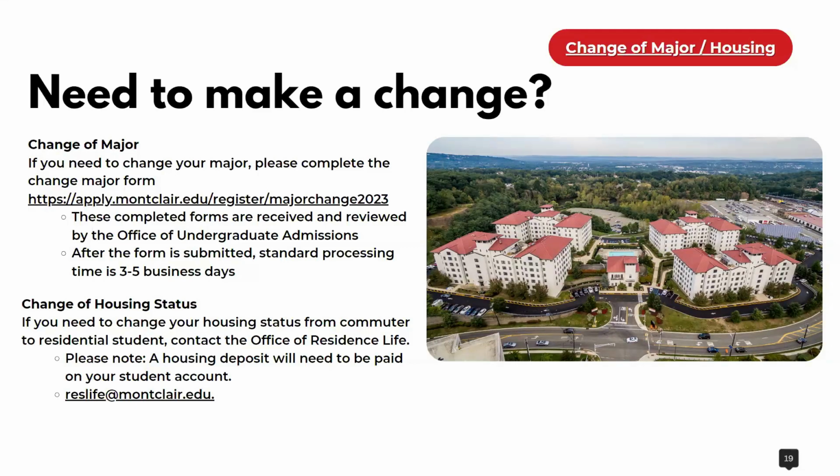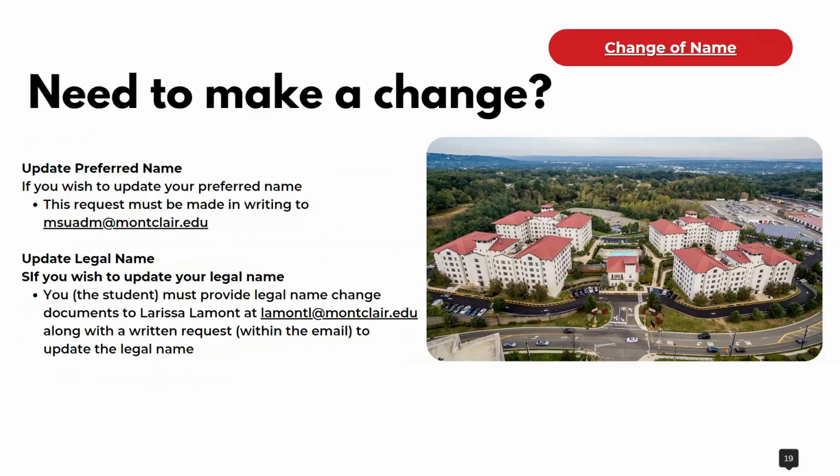If you need to change your housing status from being a commuter to a residential student, contact the Office of Residential Life. Please note that a housing deposit needs to be paid on your student account prior to move-in. If you need to update your preferred name or legal name, please follow the steps here.